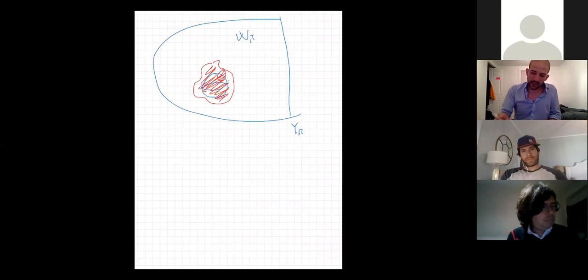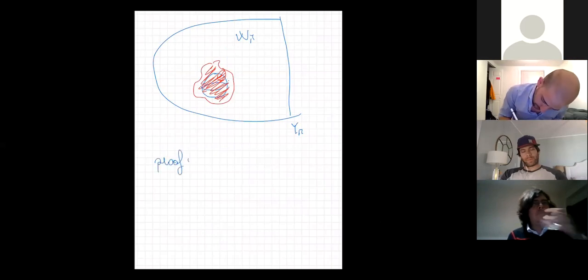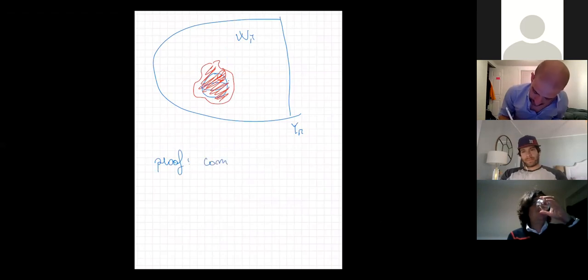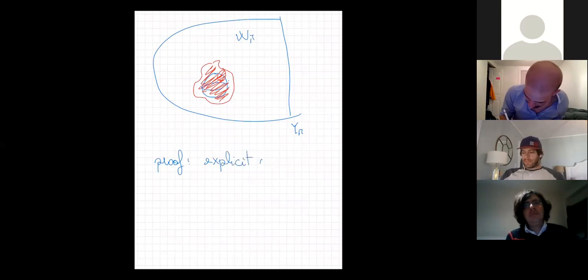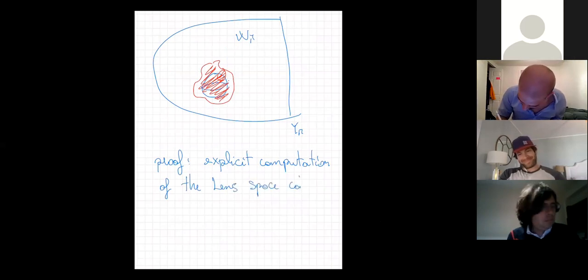And so in the end, the proof of the lemma is an explicit computation of the cobordism map of the lens space cobordisms.